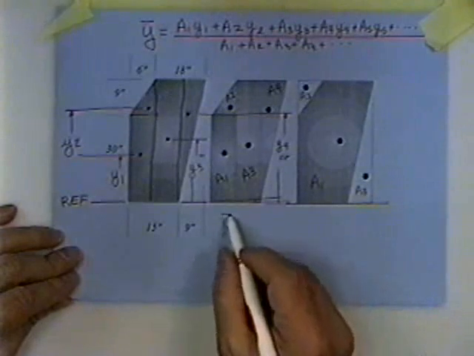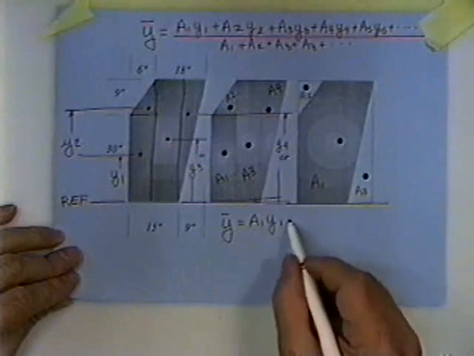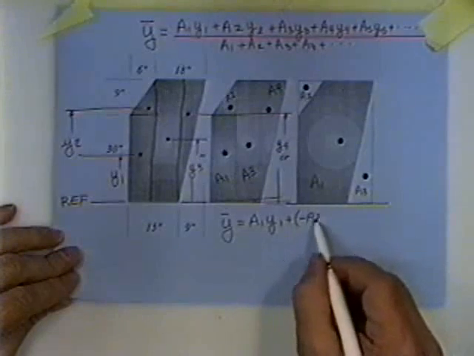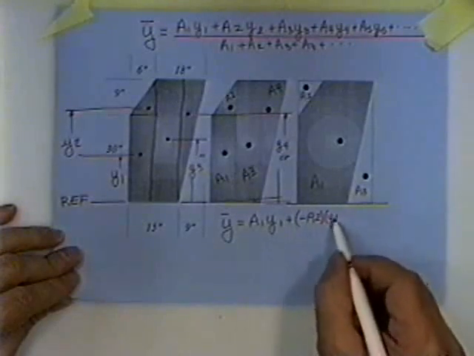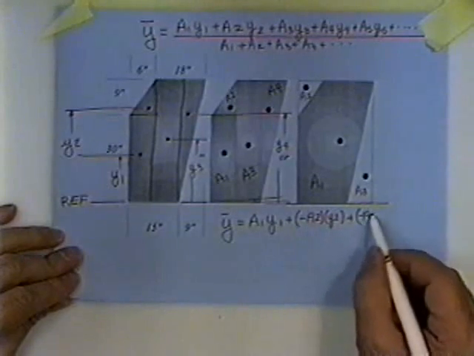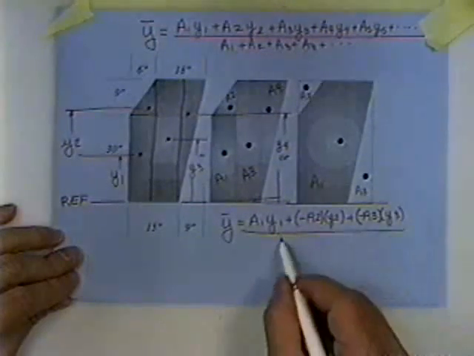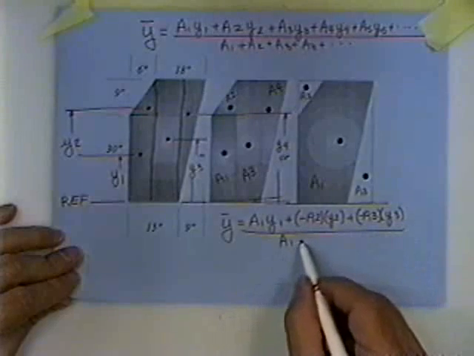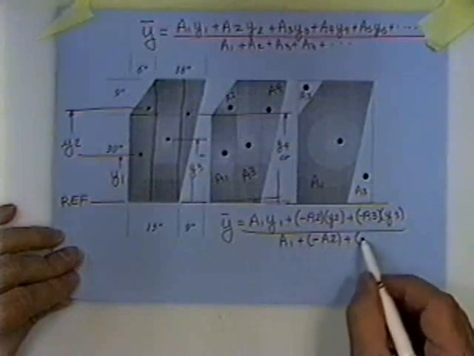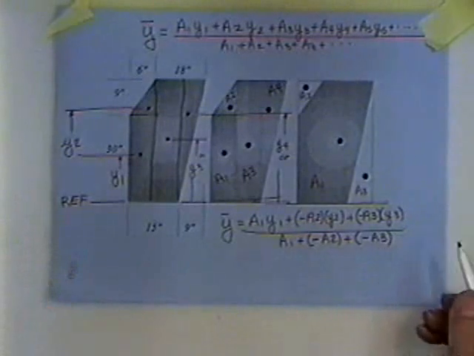So this one would say Y bar is equal to Area 1 times y1 plus area 2 is a minus number times y2 plus area 3 is subtracted times y3, divided by area 1 plus a minus area 2 plus a minus area 3, because they're missing.